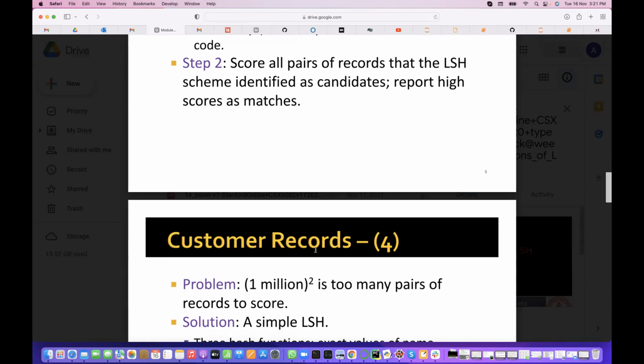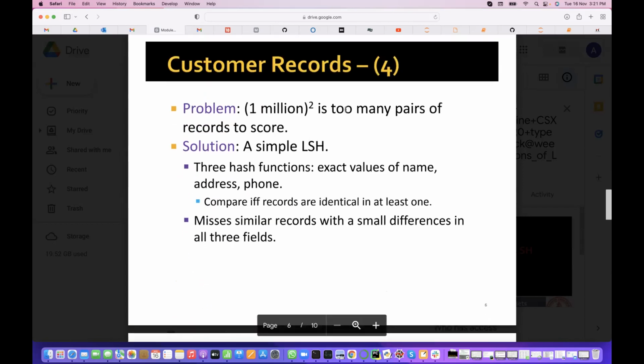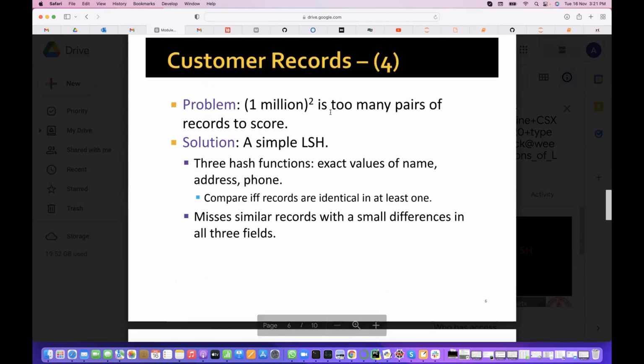The only thing here is that we reduce the number of probes, which two records refer to the same entity. That probe is reduced, okay? The number of probes we do. So the problem: 1 million square is too many pairs of records to score.